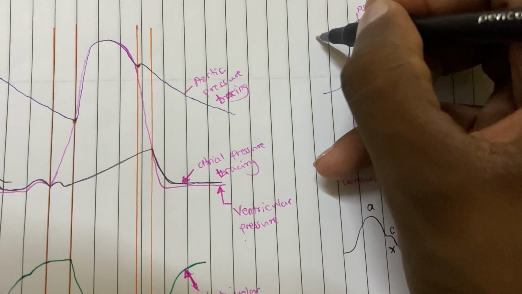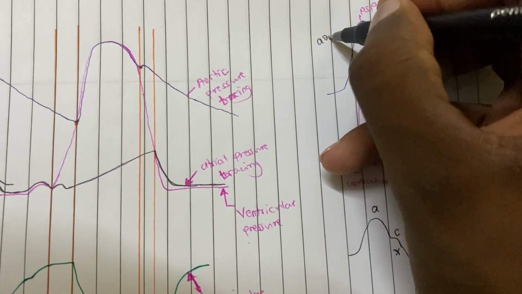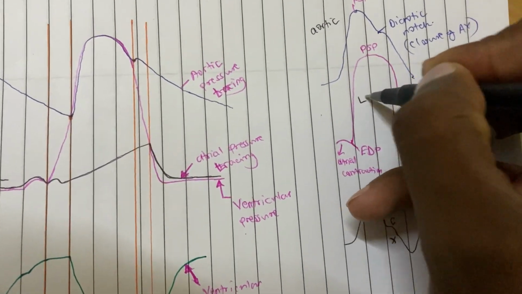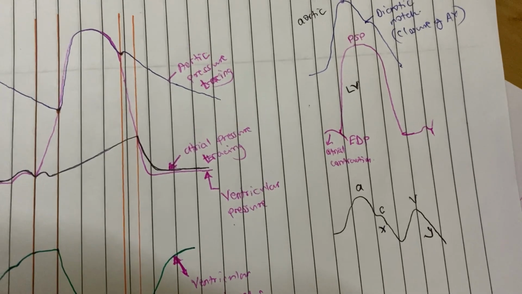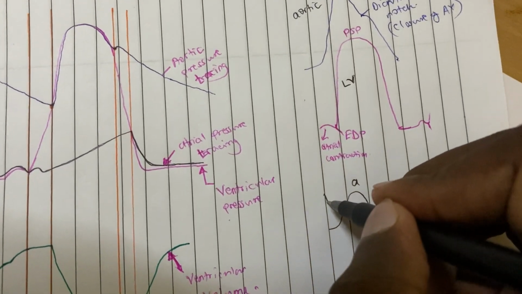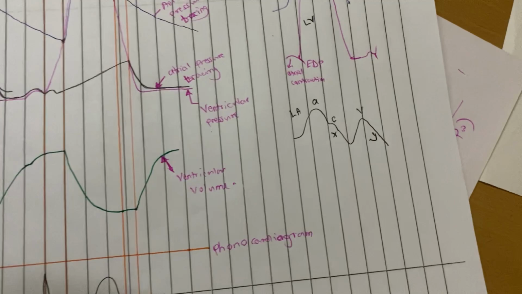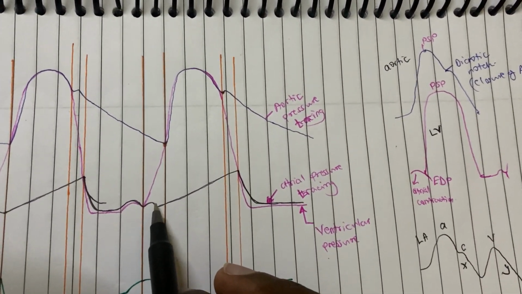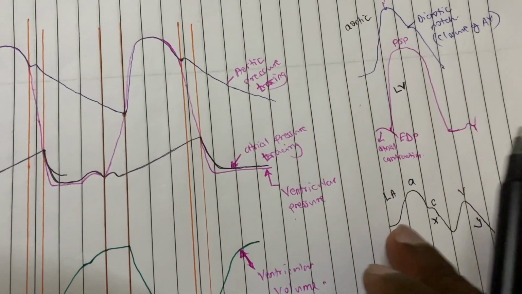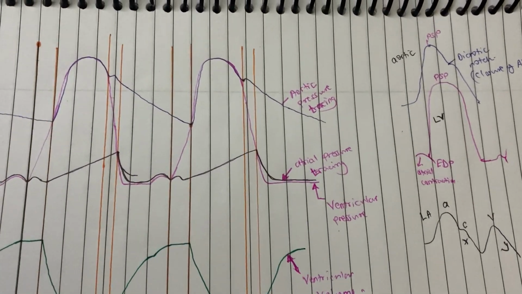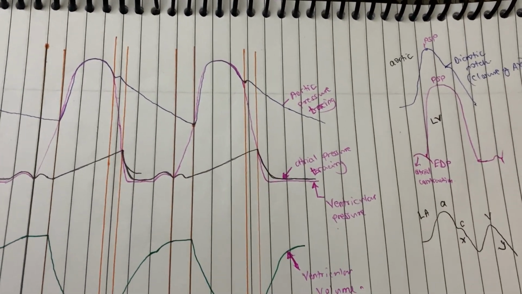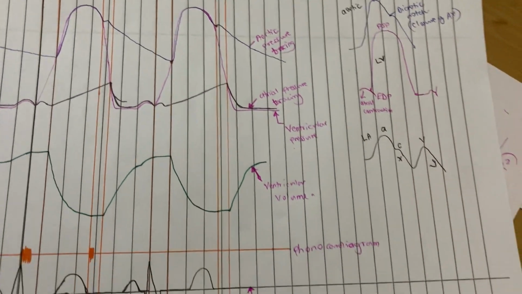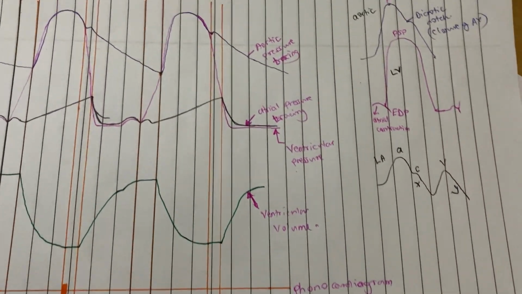This is aortic, LV. For example, I'm taking the left ventricle and the left atrium, same as the right atrium. So this is the one in black. And then these are the three waveforms. I'm not saying anything about these waveforms because it is more advanced physiology.